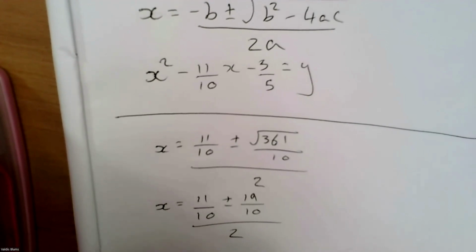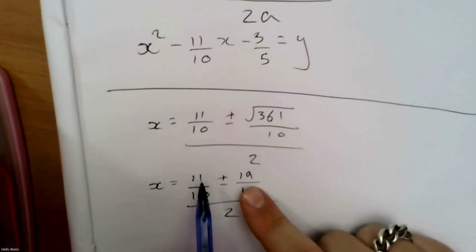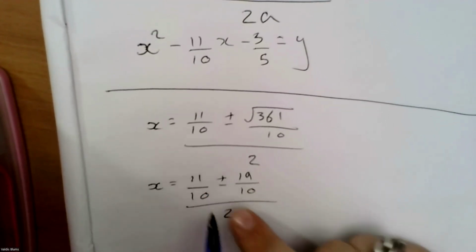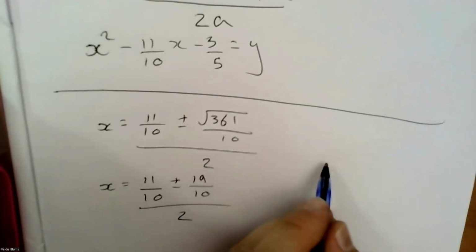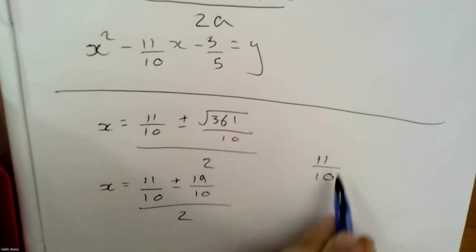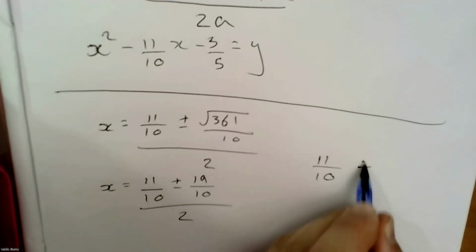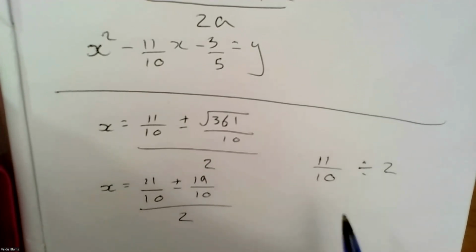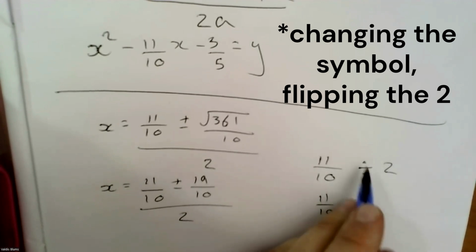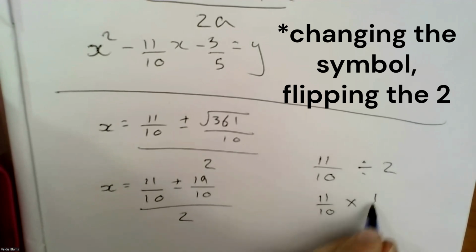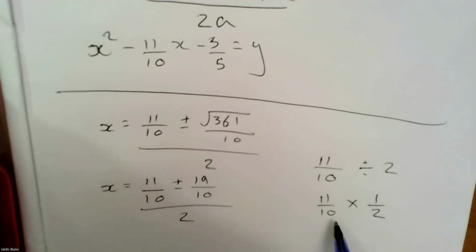Okay, so when you've got something like this, a fraction divided by a number, if we just look at this on the side here, let's say you have 11 on 10, and we're just looking at this first part, we're dividing that by 2. You're using your keep, change, flip technique. So you're keeping your 11 on 10, you're flipping your sign from divide to a times, and it becomes 1 on 2.